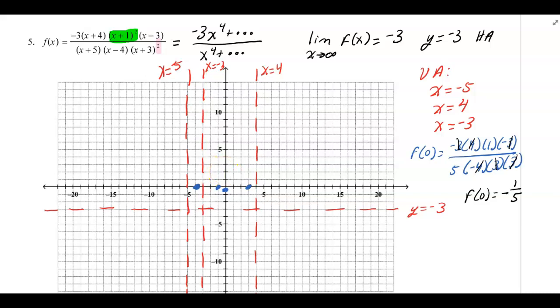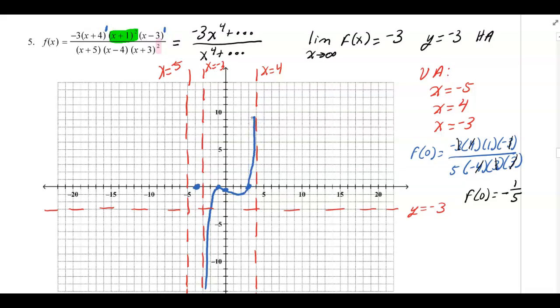So I know the graph has to start down at the bottom here. It's going to go up, touch that x-intercept, go through the y-intercept, go down, and then the multiplicity on this factor for the 3 is 1, so it's going to go through 3 and then keep going up towards that asymptote.